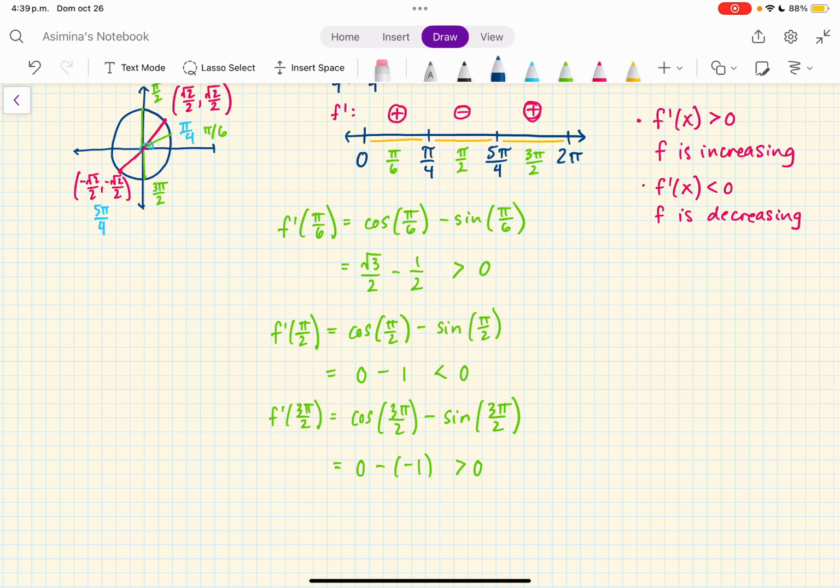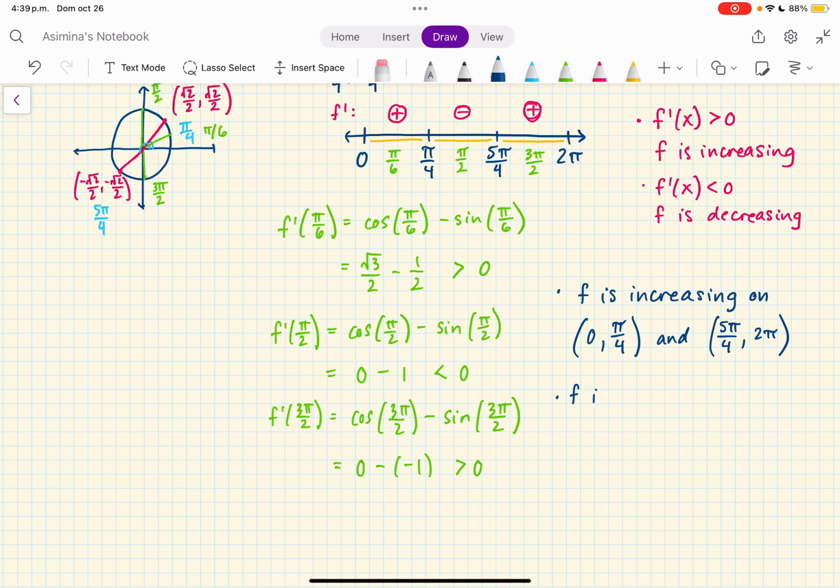Well, f is increasing on the first interval, 0 to pi over 4, and the third interval, 5 pi over 4 to 2 pi. Okay, now where is f decreasing?